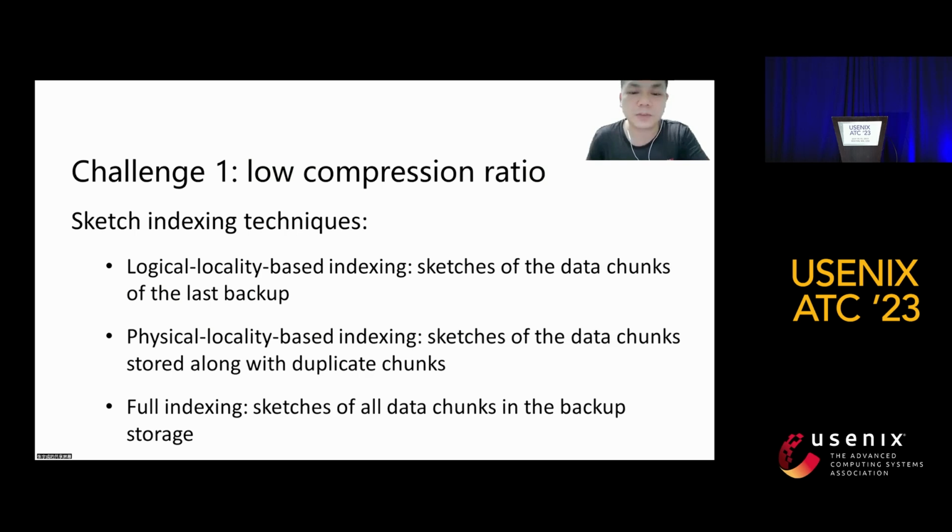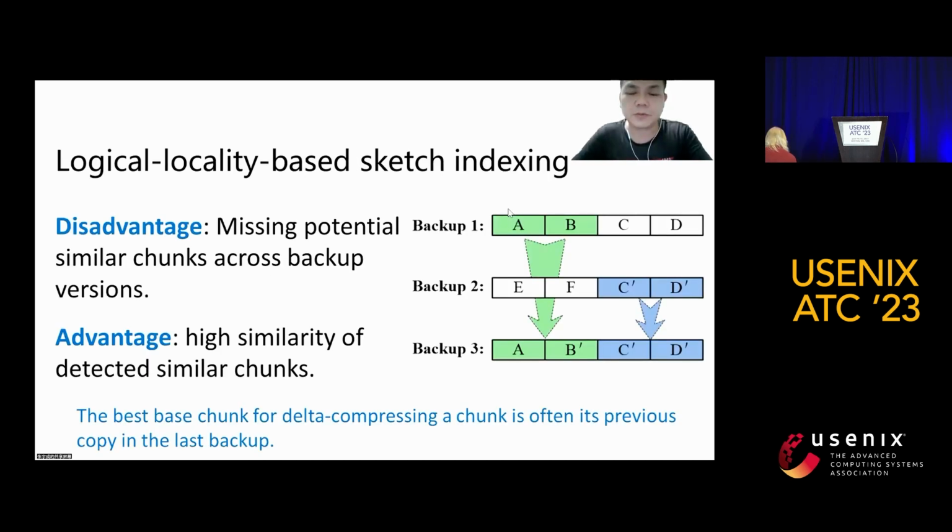Logic locality-based indexing techniques index sketches of the data chunks of the last backup. Physical locality-based indexing techniques index sketches of the data chunks stored along with duplicate chunks. And the full indexing technique indexes sketches of all data chunks in the backup storage. Next, we will introduce these three categories one by one.